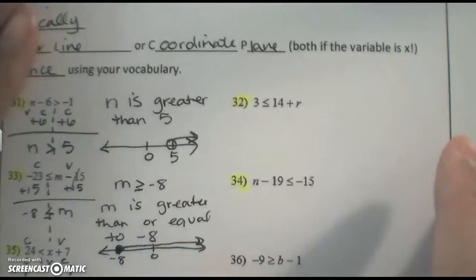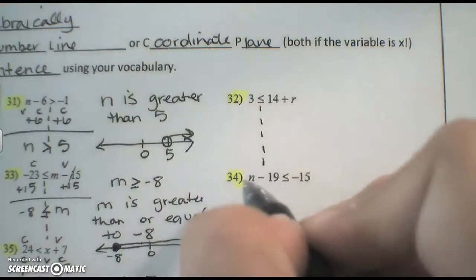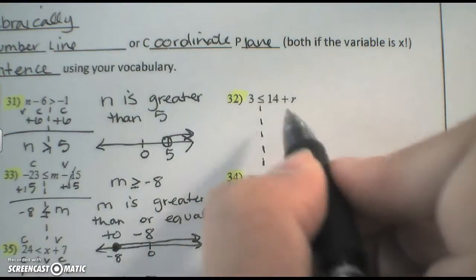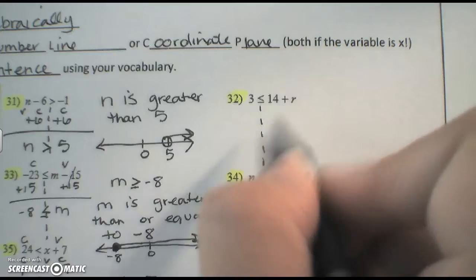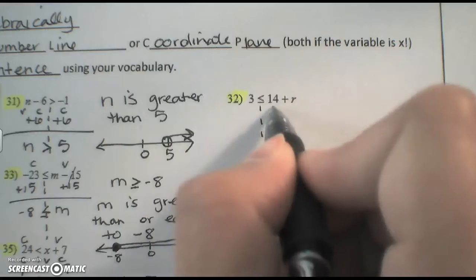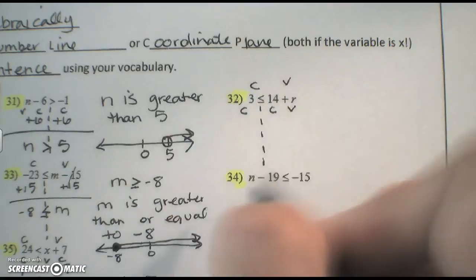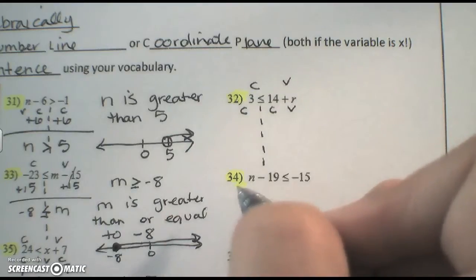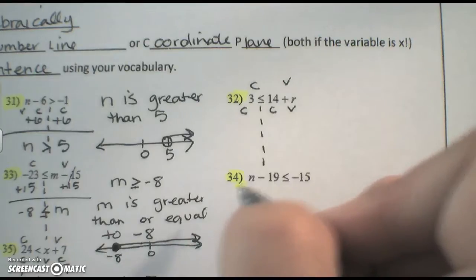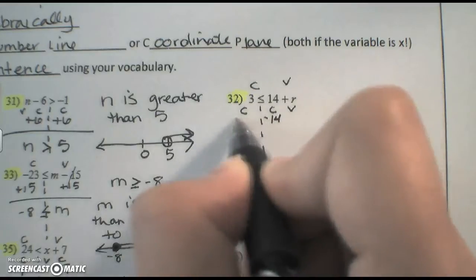All right, so 2 more together, number 32. Before we get too crazy, fence as a line. There we go. Check for distribution. Nope, no parentheses. Then we combine like terms on the same side. Nope, none of those, since this is constant, variable, constant. And we got our vills up there, variable land and constantville. We're going to get our variables here, put our constants there. So that means do the opposite operation just to keep things fair.